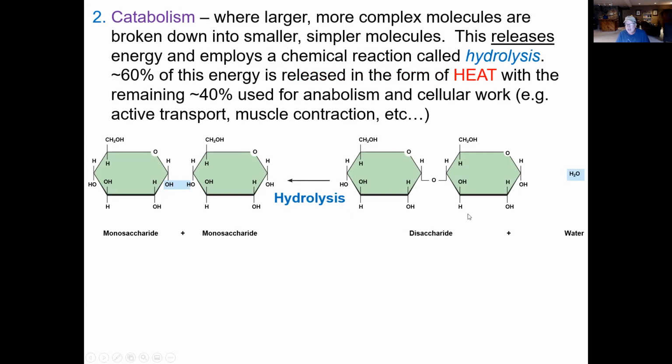So here we're taking a disaccharide, we're incorporating water into the reaction, and we're making smaller, simpler monosaccharides. And where did that water go? The 2 hydrogens and the oxygen? Well, again, they're accounted for here, aren't they, in the various parts of the 2 monosaccharides.